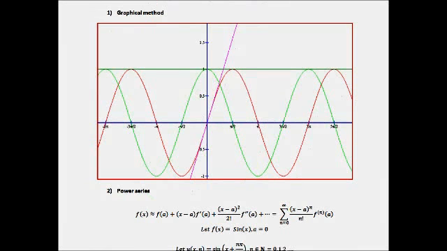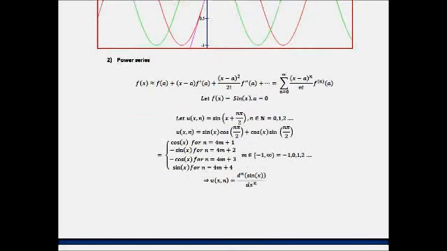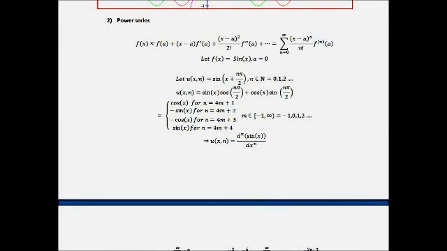Anyway, I'm going to start with some more algebraic methods now. And the first one is a very commonly seen justification, and that's writing my function as a power series. And this is a general Taylor expansion. That I can write my function as an infinite polynomial of increasing powers.